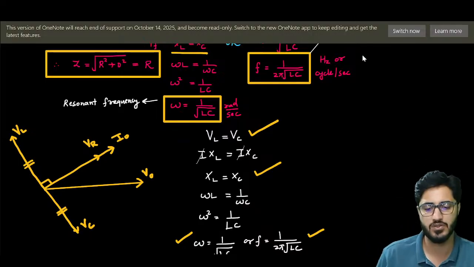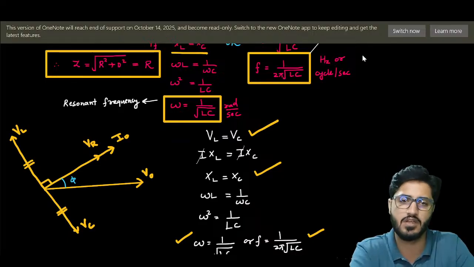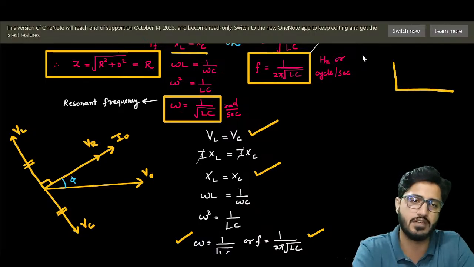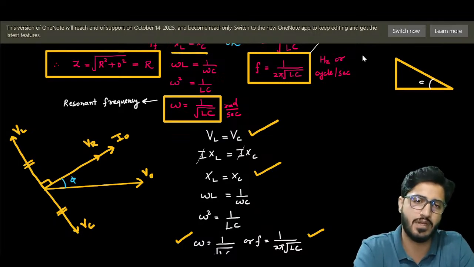So these are my conditions for my LC circuit. Now, if you want to check the phase, we know one triangle, the impedance triangle. I guess you are all very aware of it. This is my theta, this is my Z, R, and XL minus XC. What is tan phi?